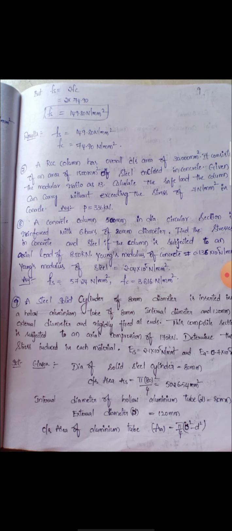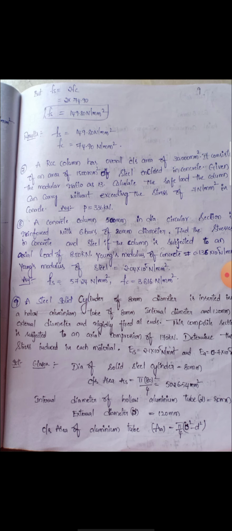So the diameter of the concrete column is 500 mm, in circular section. The column consists of 6 bars, and the diameter of the bars is 20 mm.